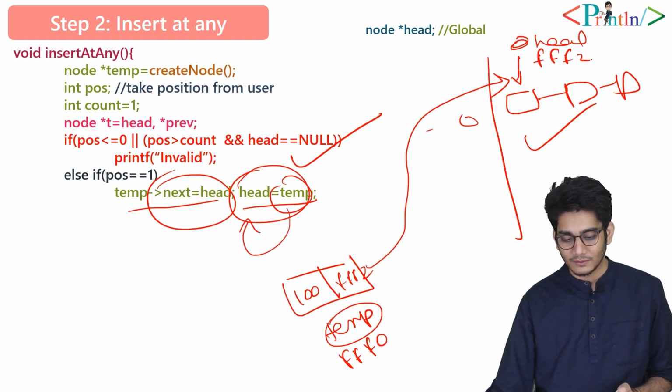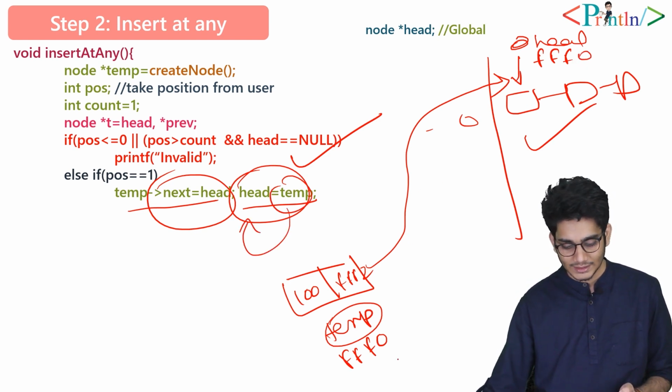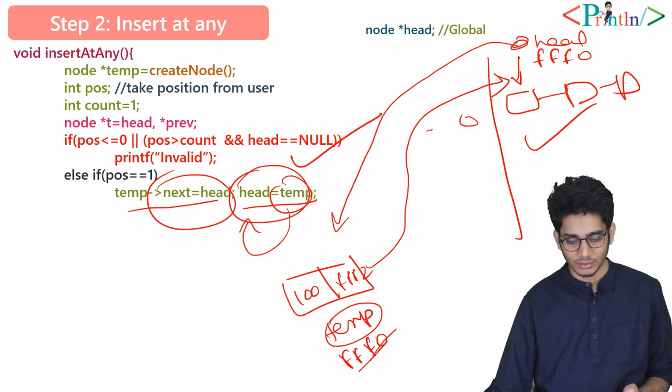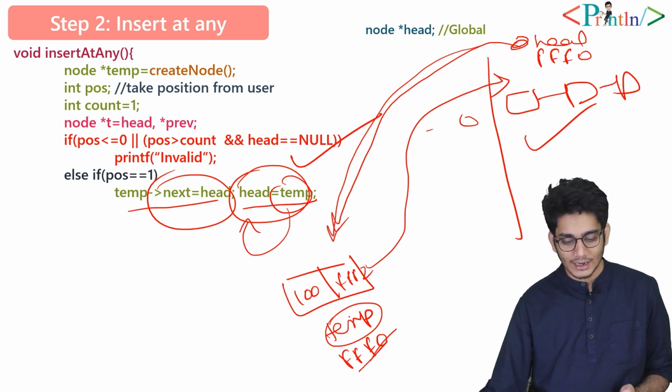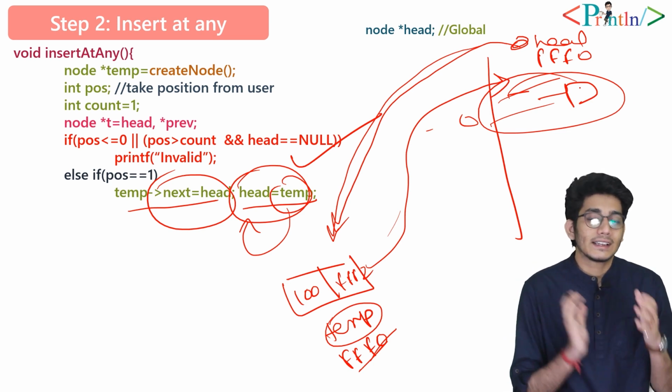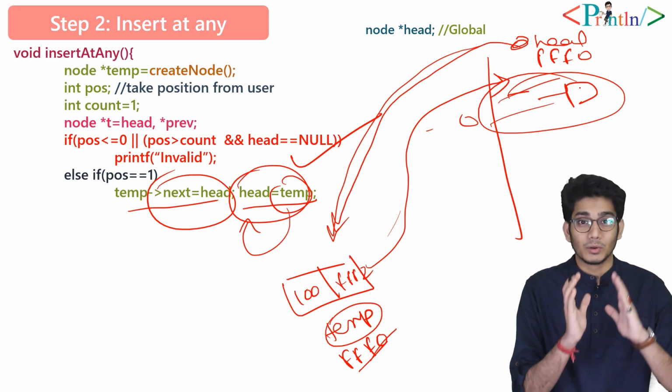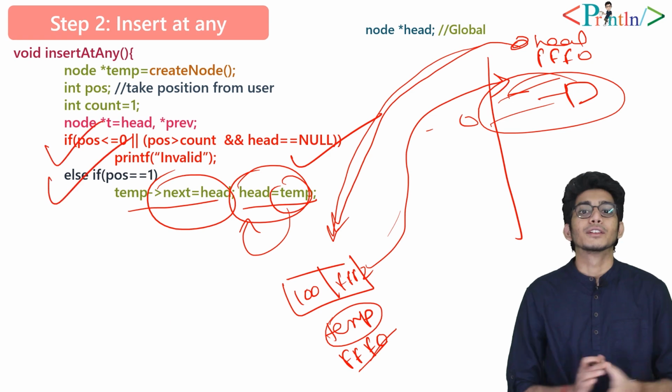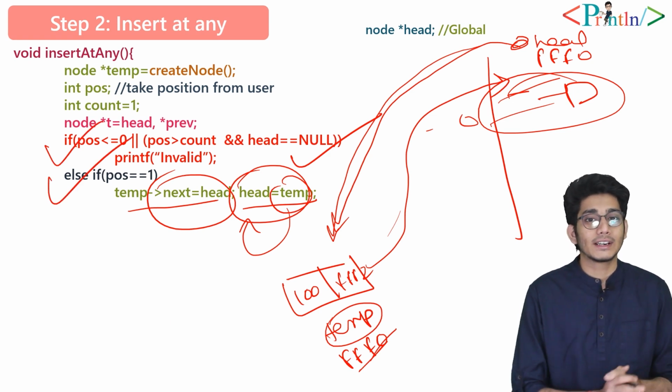So the value of head will be FFF0, that is the address of temp. Then head will be pointing to this node. So this is how head is pointing to the temp node and the temp node is pointing to the rest of the list. So this is how we can insert any element at the first position if the position is given by the user. So I think why we are implementing these two conditions is clear.